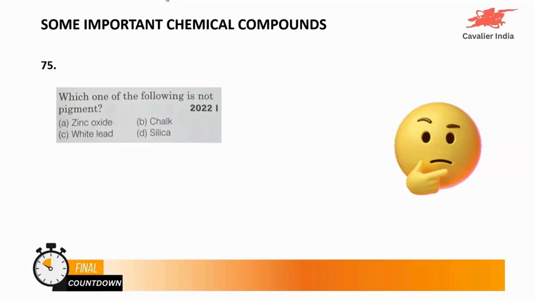Okay. Which one of the following is not a pigment? Option A, zinc oxide. Option B, chalk. Option C, white lead. Option D, silica. Which is not a pigment? Which is not used as colors?